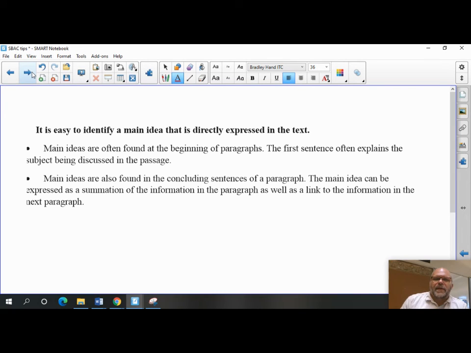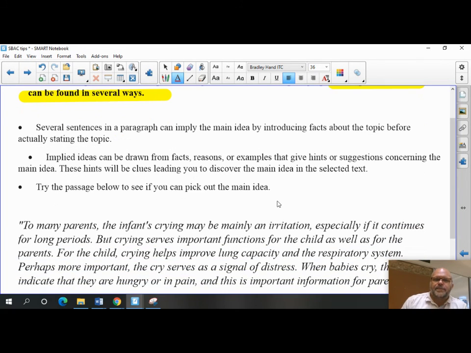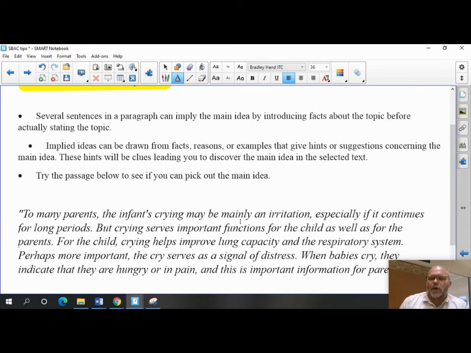And we talked a little about finding main ideas. First sentence of the paragraph, that's great. If it's not the first sentence, maybe it's implied, or you've got to tease it out. Sometimes it's the second sentence after a hook of some sort. To many parents, the infant's crying may be mainly an irritation, especially if it continues for long periods. That could be a topic sentence for a different kind of paragraph. We've got the word but.